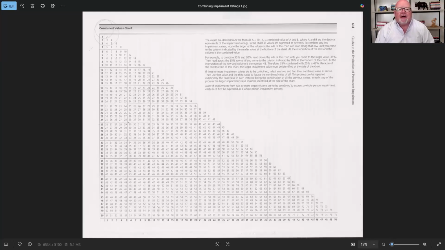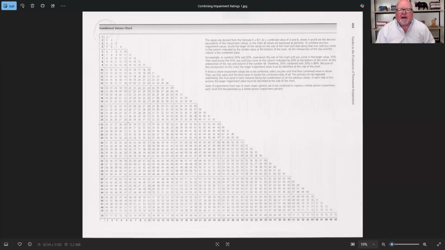So what they do with combining is they created these charts. As the impairment numbers get higher, when you start combining 2 numbers, they'll start subtracting more and more the higher you get, so you'll never reach 100. So that's what the combining is about.